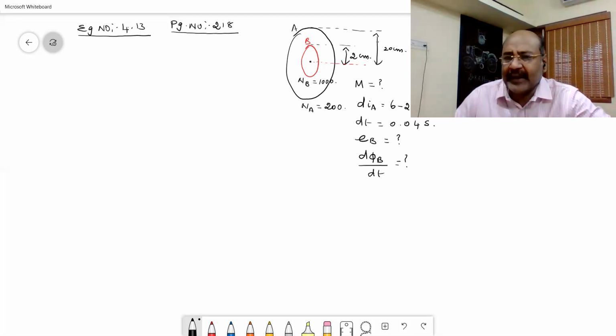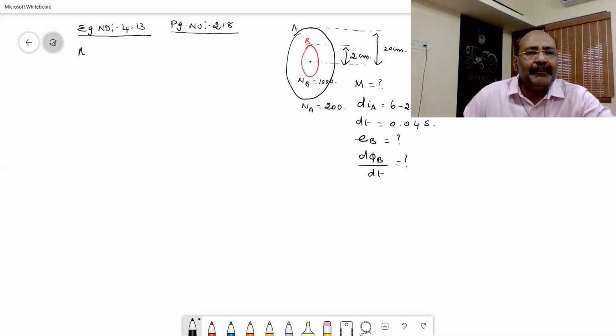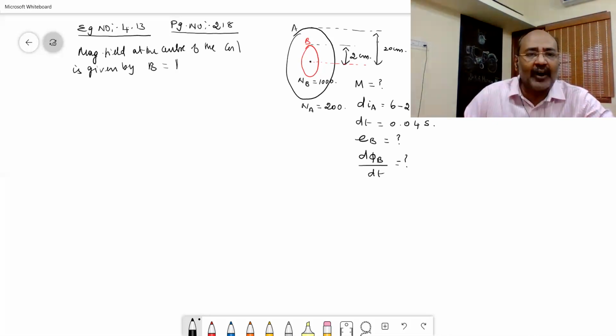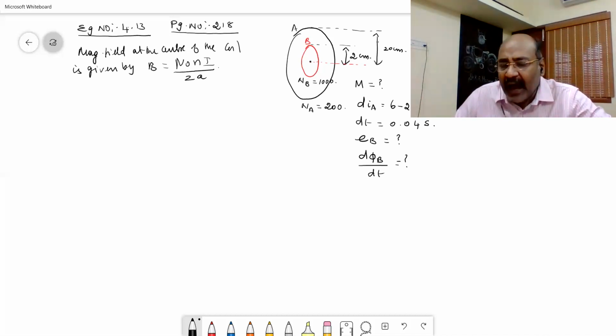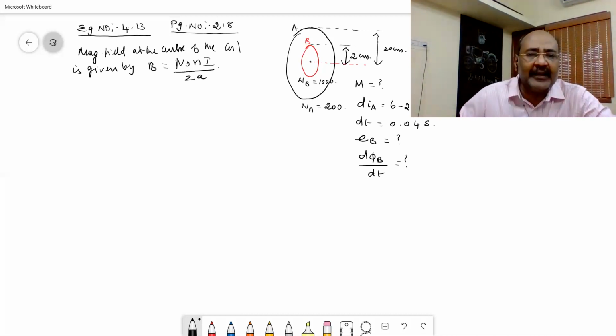You might have studied the formula in the third lesson: the magnetic field at the center of the circular coil is given by B equals mu0 into n into I divided by 2a, where n is the number of turns available, I is the current passing through that coil, and a is the radius. So what will we get now?